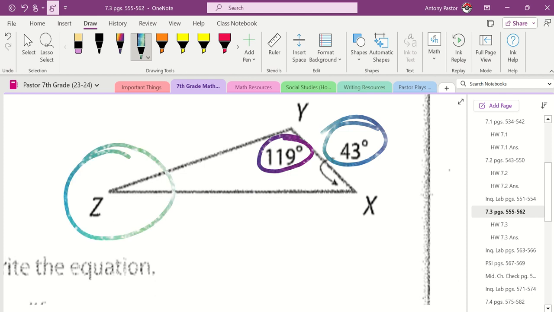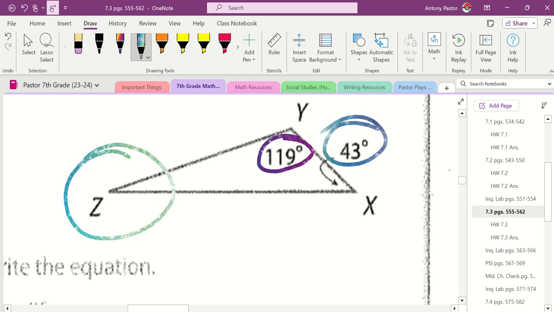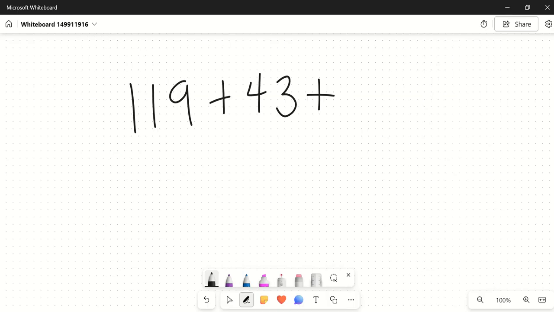So it's 119 degrees plus 43 degrees plus 7 degrees equals 180. Nope. We're missing one thing. Okay. Plus measure of angle Z equals, ladies and gentlemen, 180. So I have to do an algebraic equation and I have to solve this.